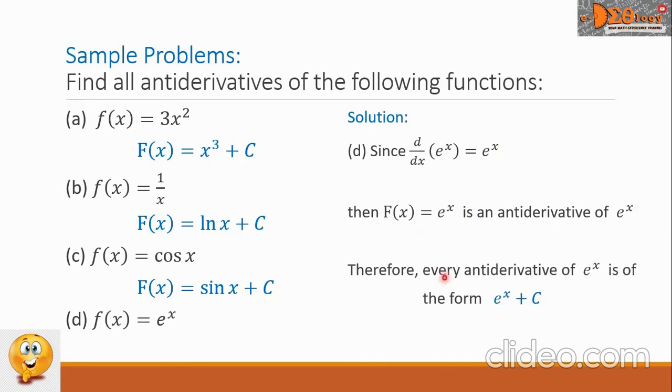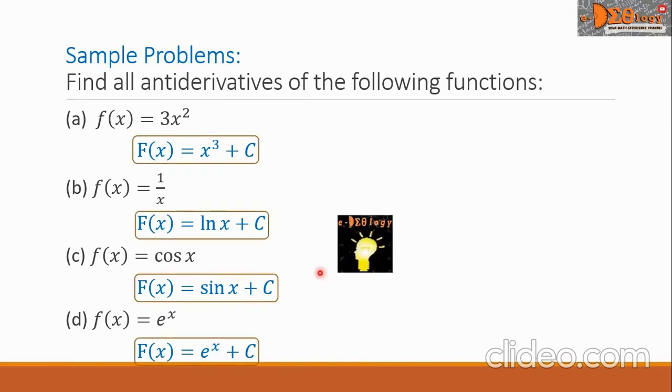Therefore, every antiderivative of e raised to x is of the form e raised to x plus c. So our final answer is capital F of x equals e raised to x plus c. These are our final answers.